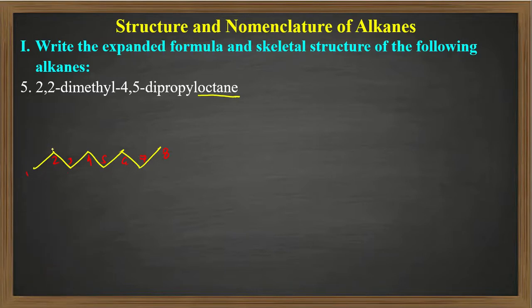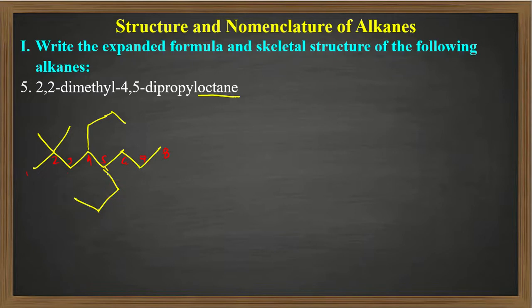So meron tayong dalawang methyl in carbon number 2. Ayan. At saka dalawang propyl in carbon number 5 at saka 4. So propyl, 3 carbon atoms. So we have here 1, 2, 3. So carbon number 5, 1, 2, 3. Okay?